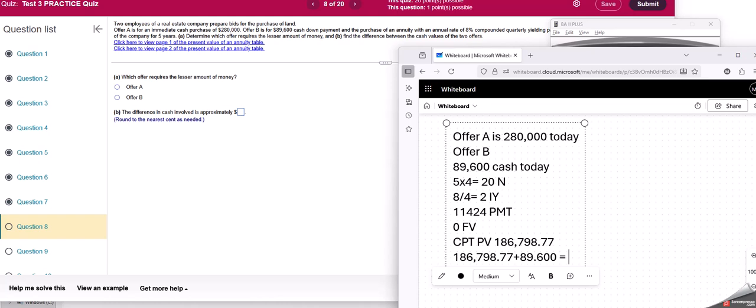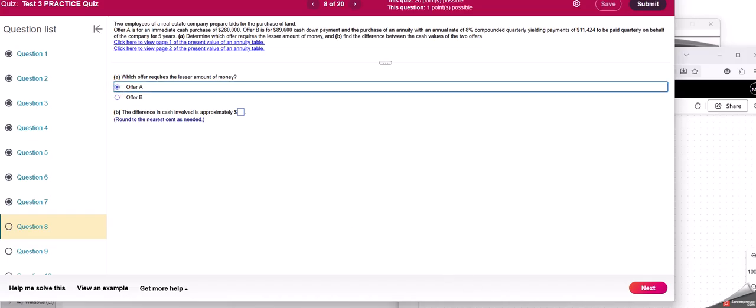So 186,798.77 plus 89,600 gives us 276,398.77. So offer A is better by a little bit, so it's not a lot.